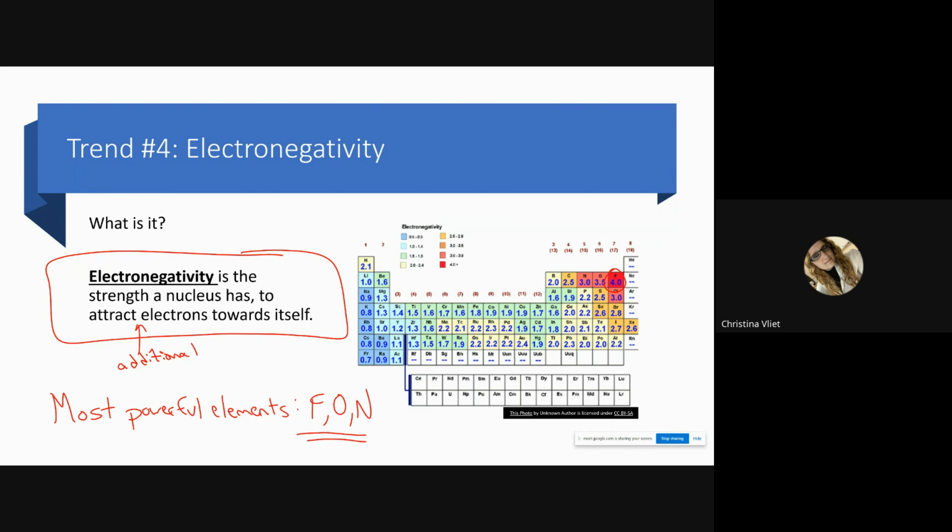Then there are 4.0, 3.5, and 3.0. Fluorine's really close to nitrogen. It's also 3.0, but we memorize it as Fa. These are the most powerful elements. This means that these elements are more likely than any other element to attract electrons to themselves. So there's a couple points to make here. Make sure you've written the definition.